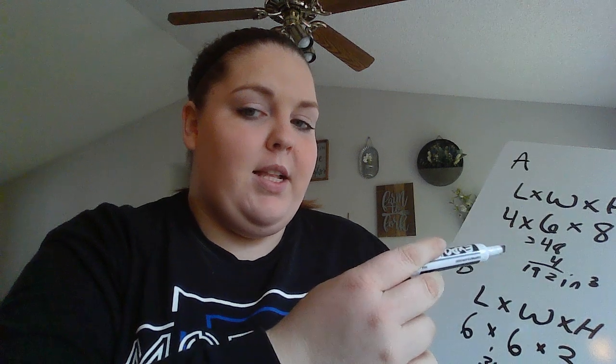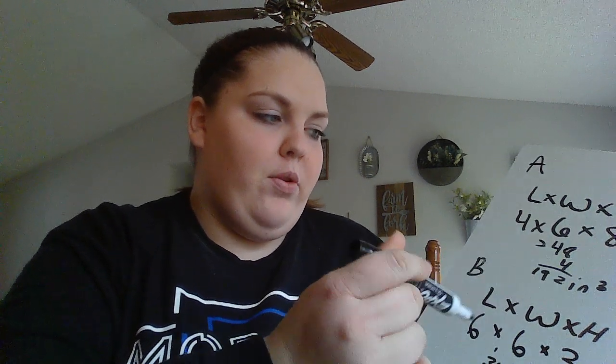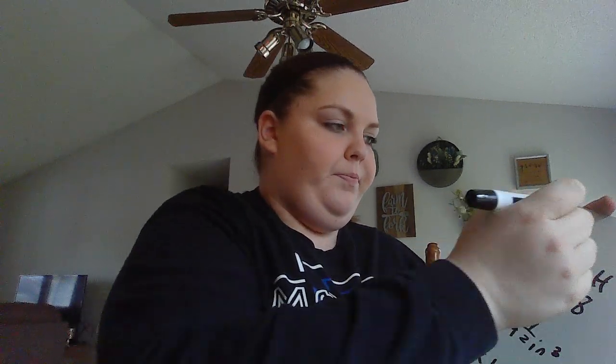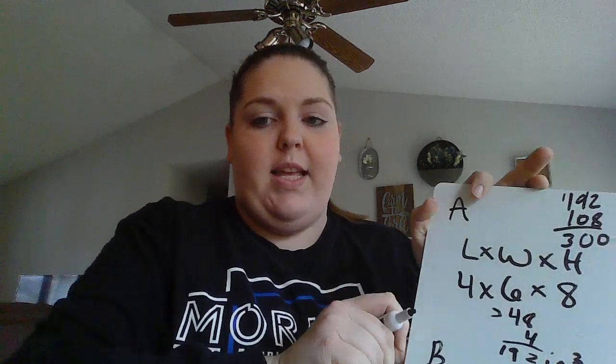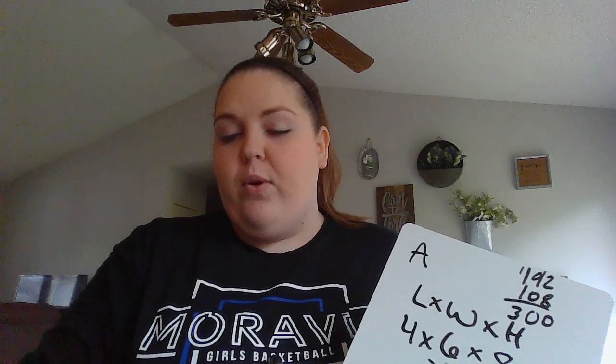I'm going to take the answer to A and the answer to B and add those two together. So 192 and 108 is 300 exactly. So my answer for 5 is 300 inches cubed.